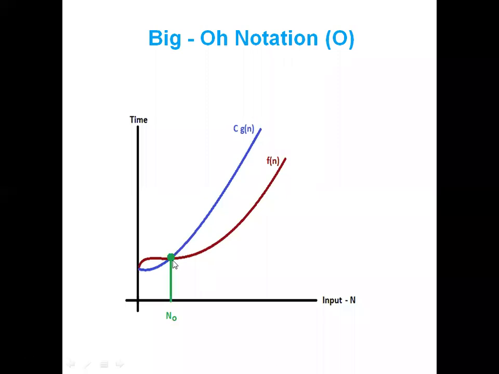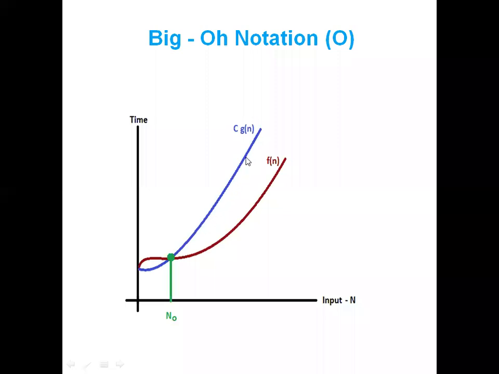The point where these two lines cross each other satisfies the equation at that point. f of n shows the actual growth of that algorithm, as per requirement or as per expectation.